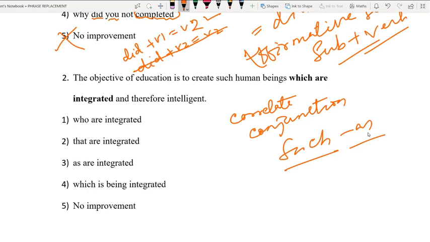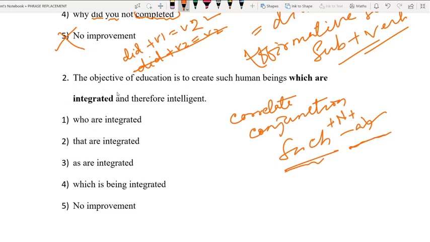One is "for example", which you all must be knowing. The other one is when it is used as a correlative conjunction, we must always use a noun. Such should always be followed by a noun, and after that we must use as. Such plus noun plus as structure, the one which has been used here.